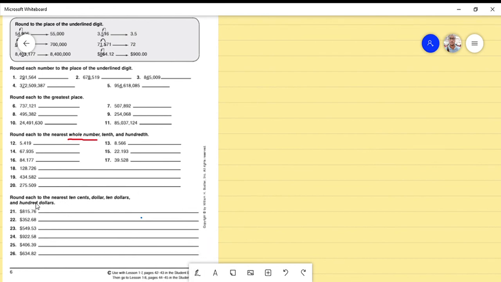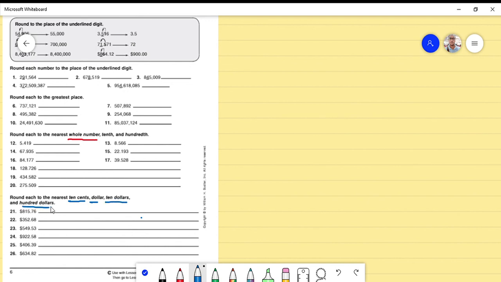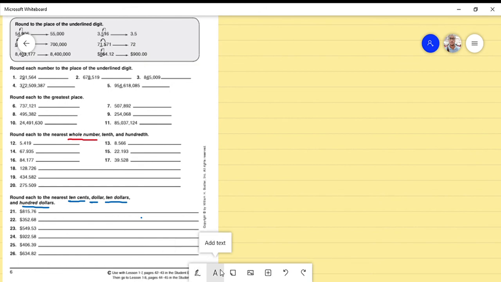Round each to the nearest 10 cents, the nearest dollar, the nearest $10, and the nearest $100. Let's take one question as an example. Let's start with the first.